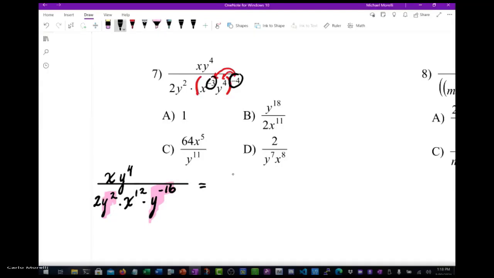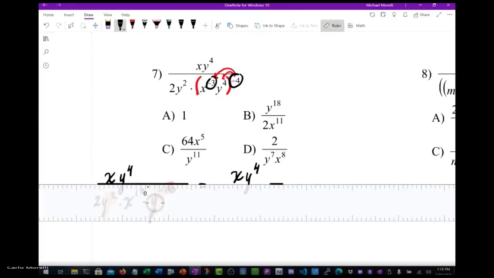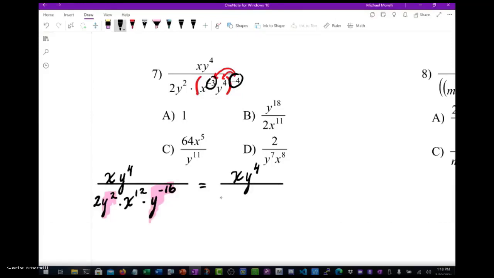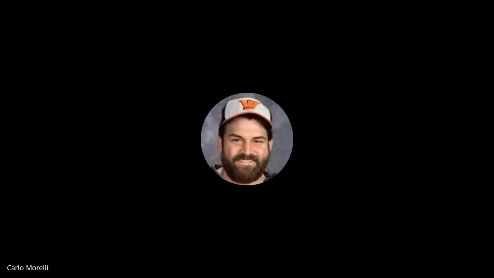So I'm just going to go ahead and rewrite the top, x y to the 4th, over 2, which I didn't change. And now I'm doing the product rule on the bottom. Okay? So do you remember the product rule is when the bases are the same, you add the exponents.